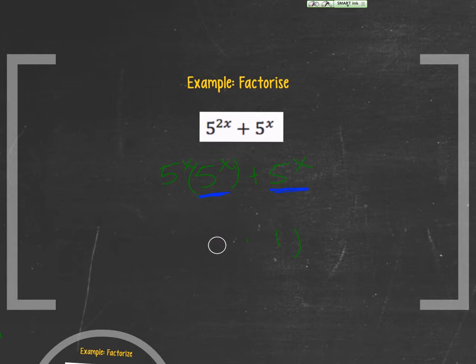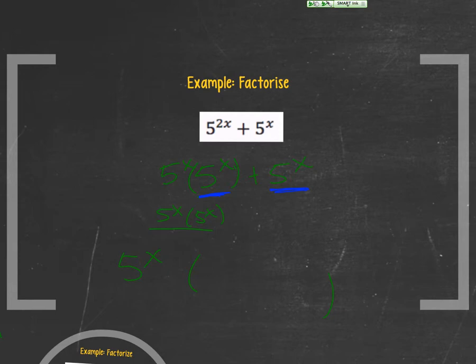So if I look at both of these, I can see that they both have 5 to the x. So I can take out 5 to the x, and I'll have something in parentheses. Now, if we're not sure, we can actually show that like a division. So I've got 5 to the x and 5 to the x. That's this. I just rewrote this.